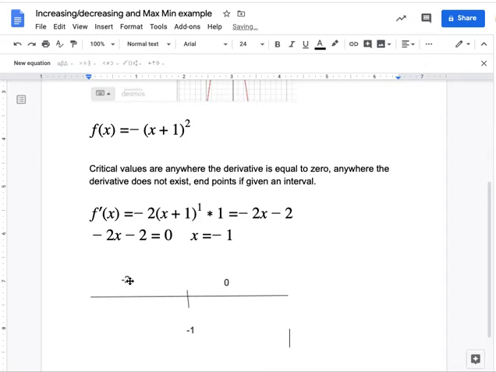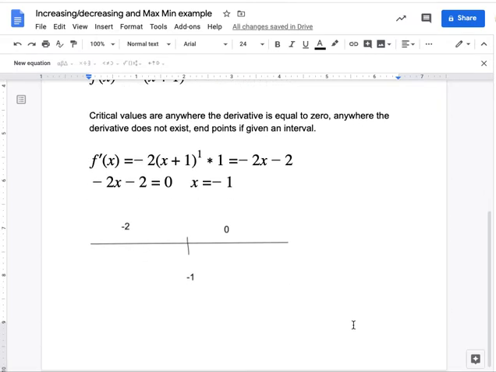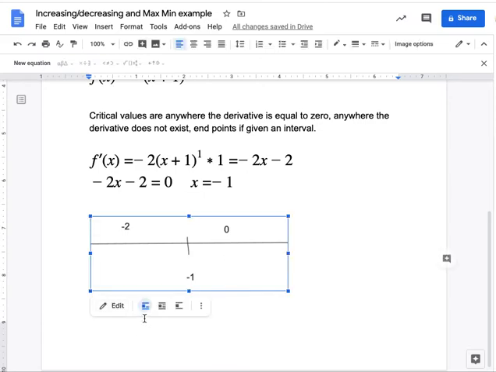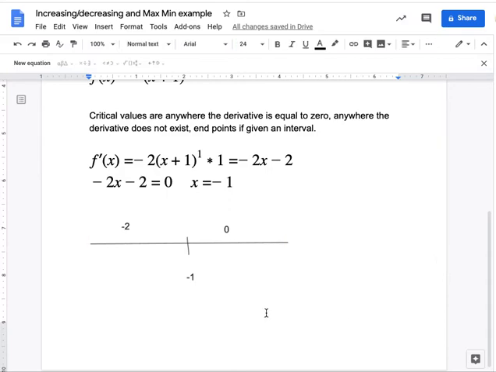So what we're going to do is take this -2 value and plug it into our derivative. So we want to think here, all right, what would f prime of -2 be?